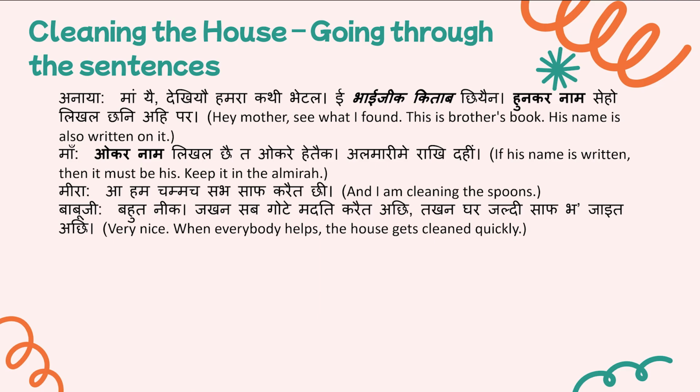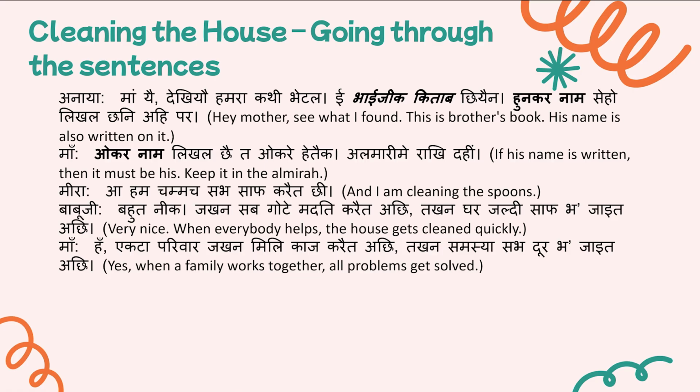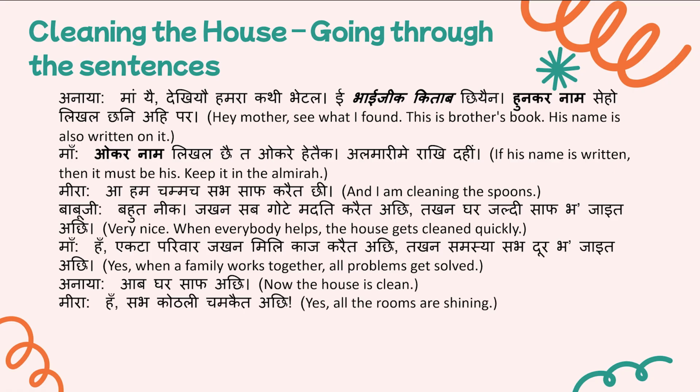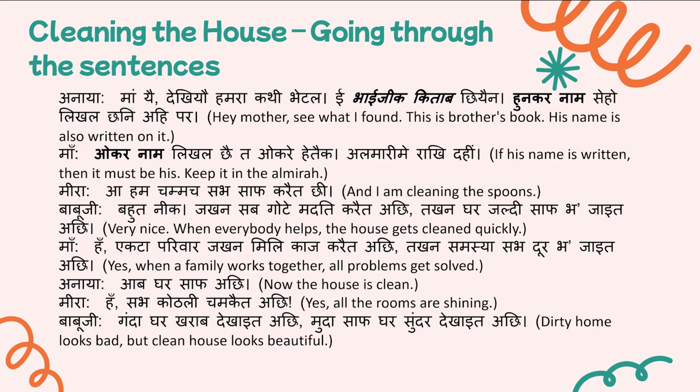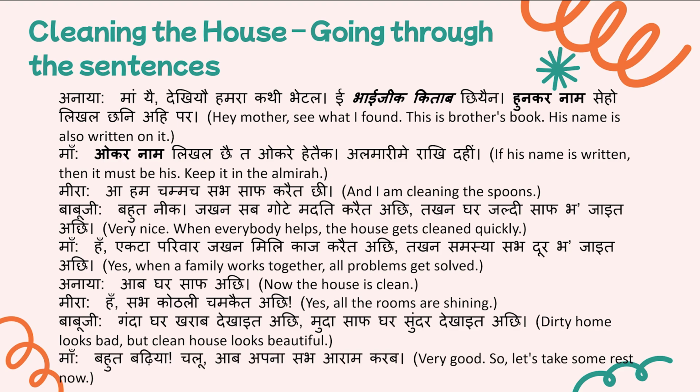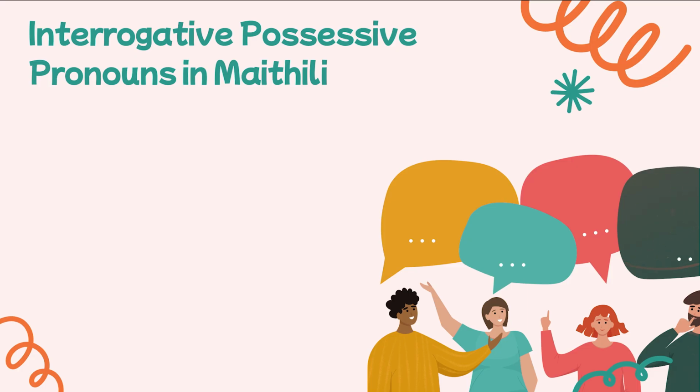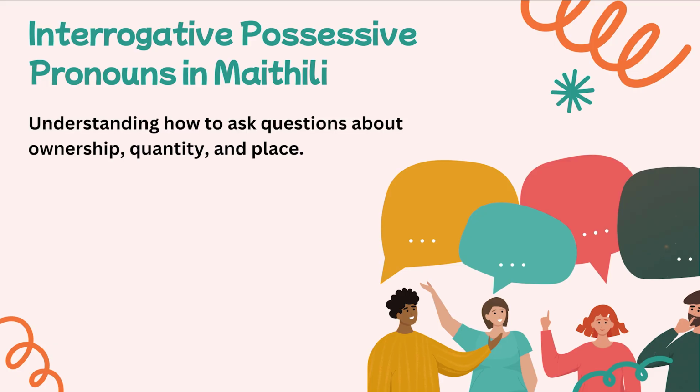Babuji says, बहुत नीक, जखन सब गोटे मदद करैत छथि तखन घर जल्दी साफ भ जाइत अछि. माँ says, हाँ, एकटा परिवार जखन मिल कऽ काज करैत छथि तखन समस्या सब दूर भ जाइत अछि. अनया says आब घर साफ अछि। मीरा says हाँ हाँ सब कोठली चमकैत अछि। And Babuji says happily गंदा घर खराब अछि मुदा साफ घर सुंदर देखाइत अछि। Now mother says बहुत बढ़िया चलो अब अपना सब आराम करब and then the conversation ends.